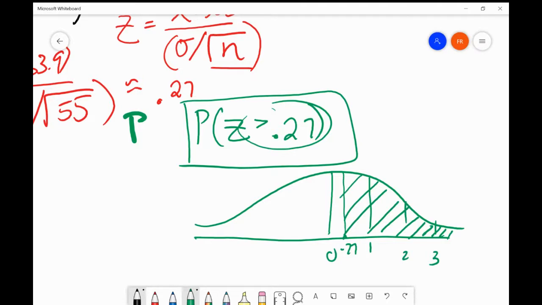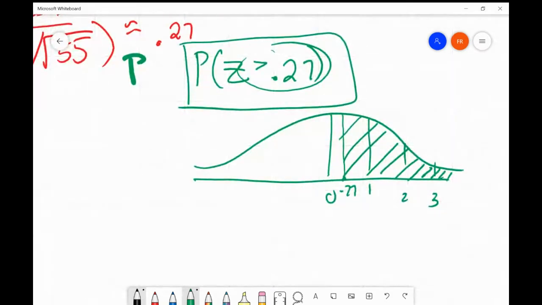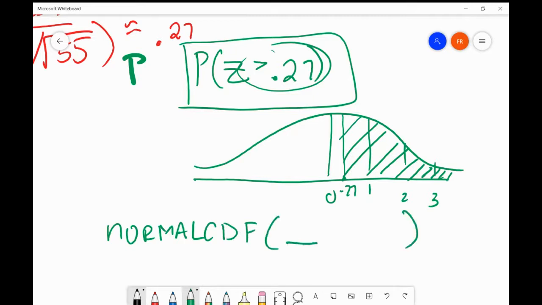You're right, for this particular problem I don't have to do the whole subtracting from 1 because I'm going to use my calculator. So we're going to go normal. Remember, we're going to have two numbers: the first is the lower number, and the second is the upper number.